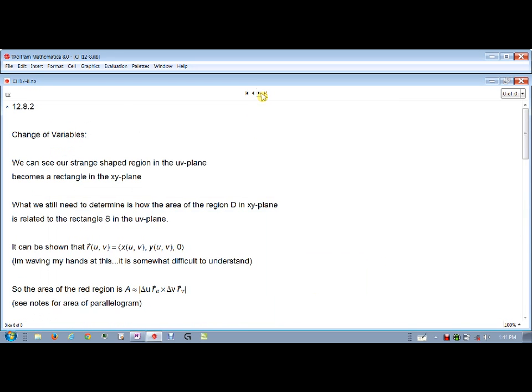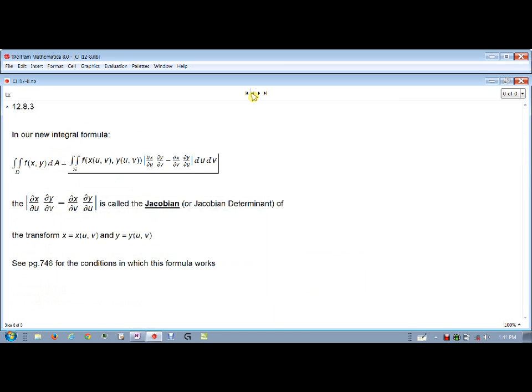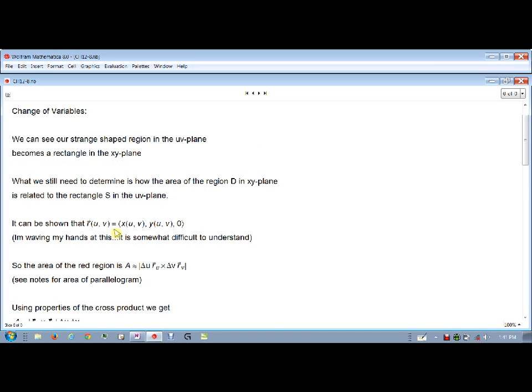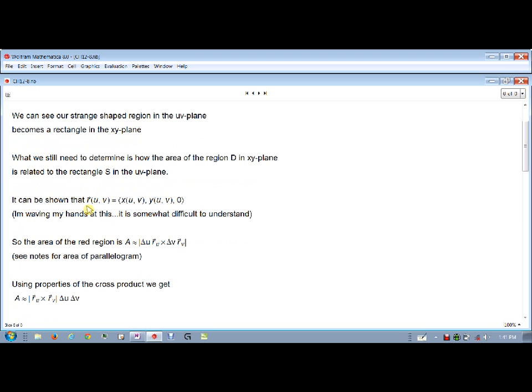It will vary, but your surface, see, this is where I define, right here, it can be shown that r of uv is this vector function. I'm waving my hands. It's somewhat difficult to understand at this point because we haven't looked at parametric surfaces. We can draw surfaces with parametric functions instead of curves through space.